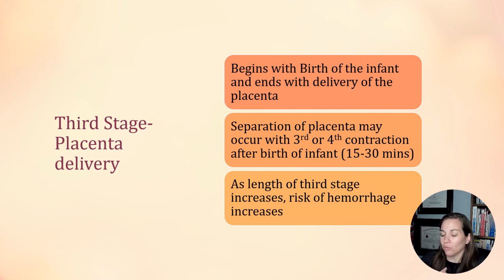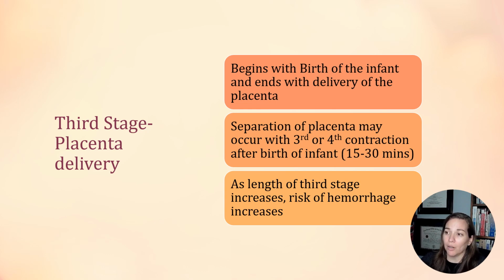Oftentimes the placenta will be delivered within about 5 minutes, but up to 30 minutes can be considered normal. The longer it goes, the more at risk the mom is of hemorrhage after that.